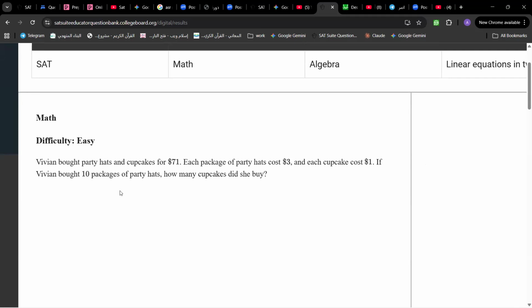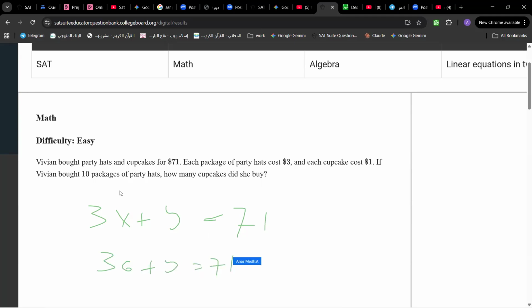So $71 equals 3 times x party hats plus 1 times y cupcakes. And she bought 10 packages of party hats. So 10 times 3 is 30 plus y equals 71.